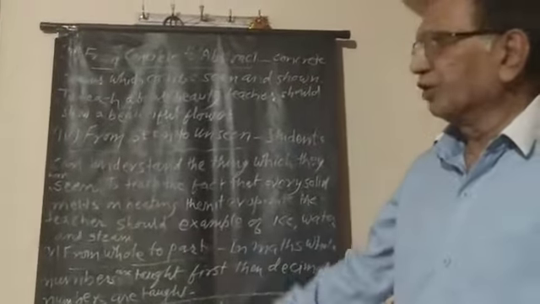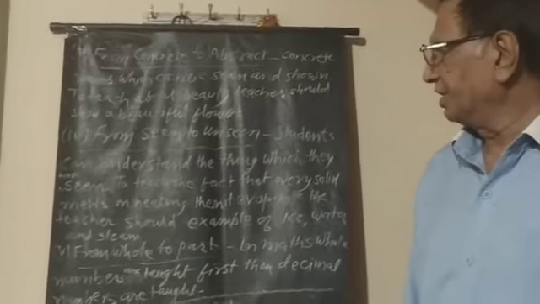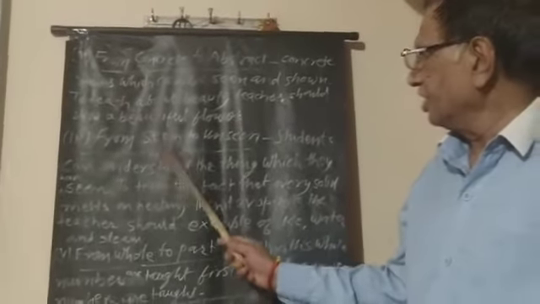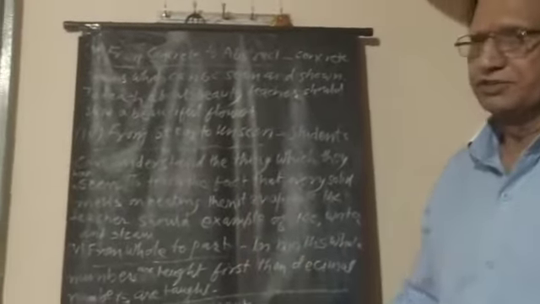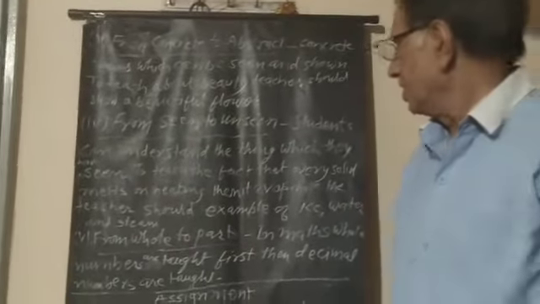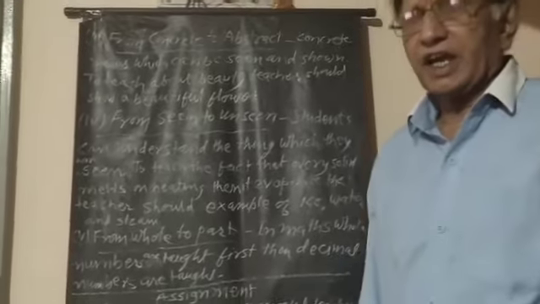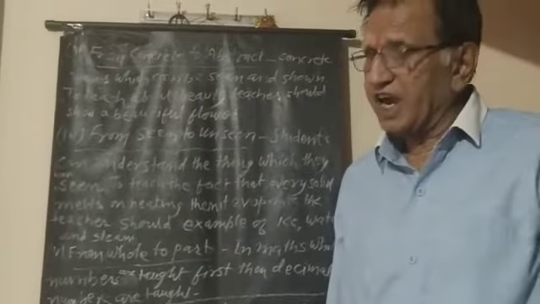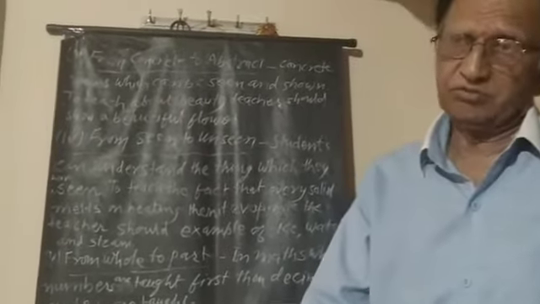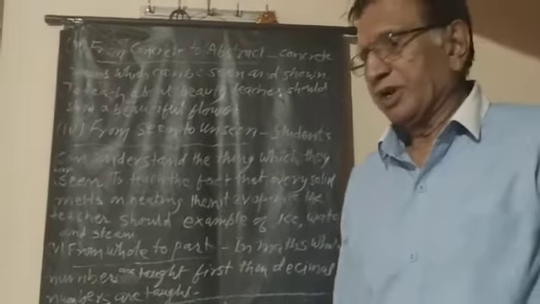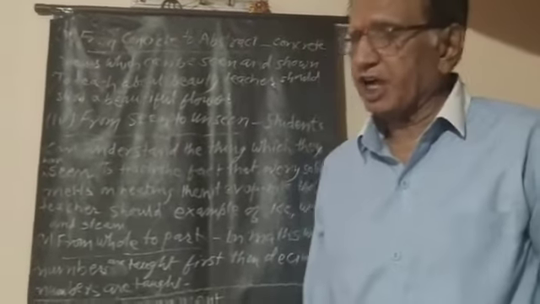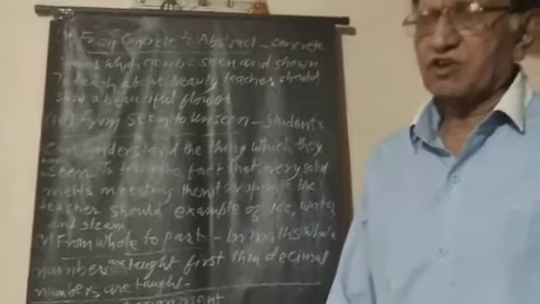And the fourth maxim is from seen to unseen. The students can describe that thing which they have seen, but it is difficult for them to describe what they have not seen.